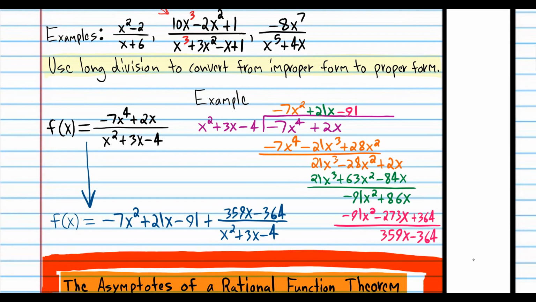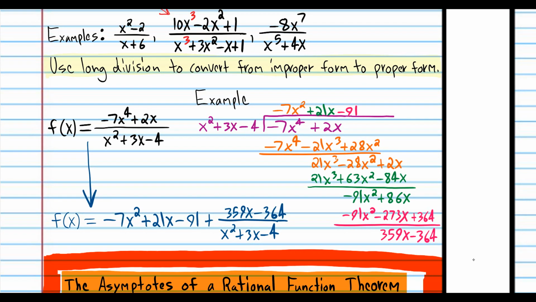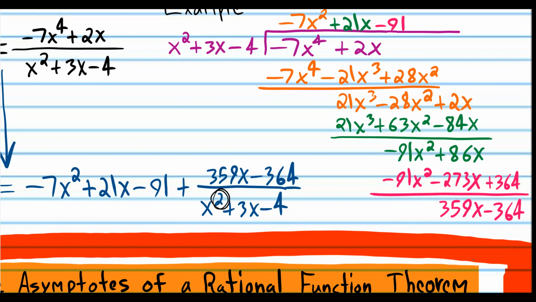But as x gets really, really big in the positive direction or the negative direction, this expression here will approach 0 because the degree in the numerator is less than the degree in the denominator.